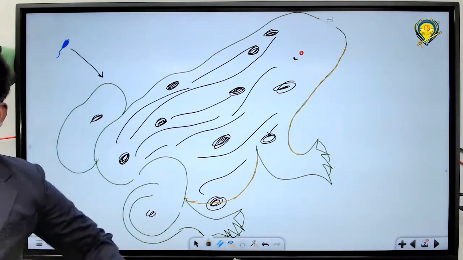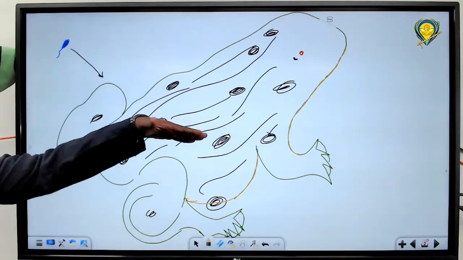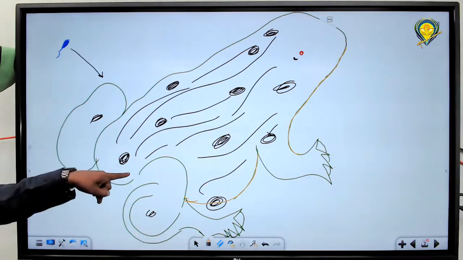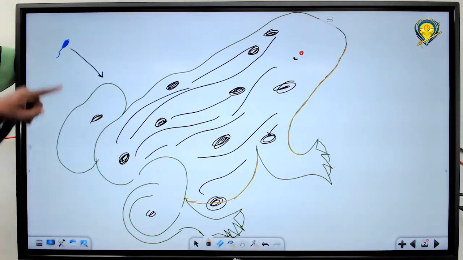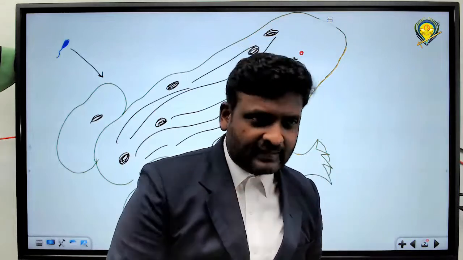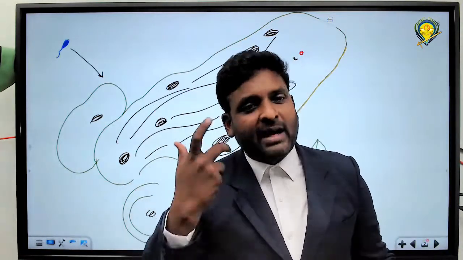We will discuss more features of both the tadpole larva and the adult frog. Here you can see that the tail is present, yes or no? But here the tail is absent. Another feature: they respire through gills, but here through pulmonary, skin and buccal cavity.